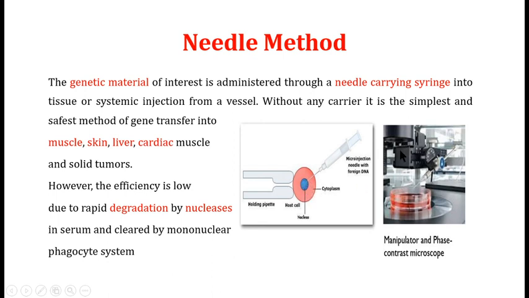In this technique, you use a phase contrast microscope, because of course you cannot see the cell with the naked eye. So you use this phase contrast microscope to use this needle to deliver the foreign DNA into the cell of interest.